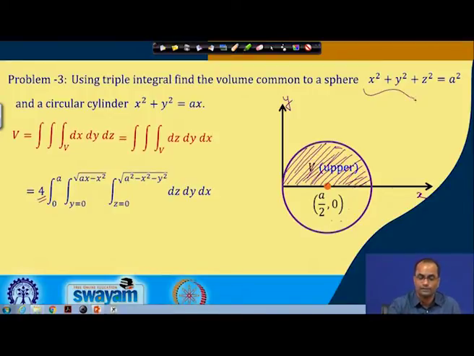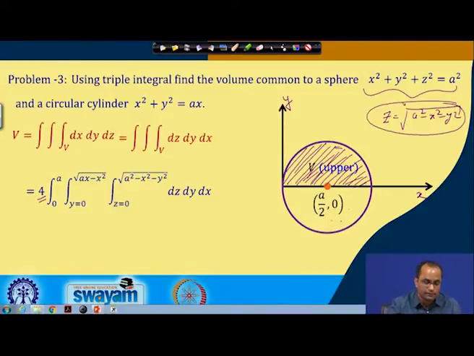So, on the sphere here, because the cylinder cuts that sphere and our interest is to get this common volume, we are exiting the domain through this sphere, where the equation is a square minus x square minus y square for this z in the upper half portion. So, the limits for the z are clear now from 0 to that sphere, because we are leaving that domain to that sphere.